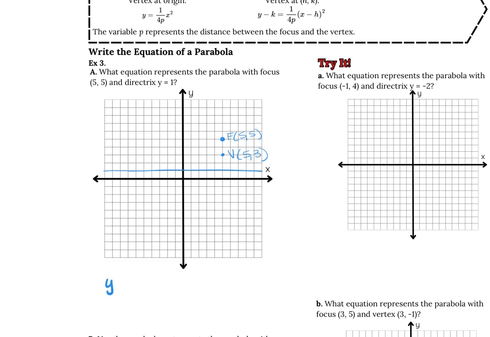So y minus 3 equals 1 over 4 P, which P is the distance between the vertex and the focus. So that would be 2. And then x minus h, which h is 5 squared.